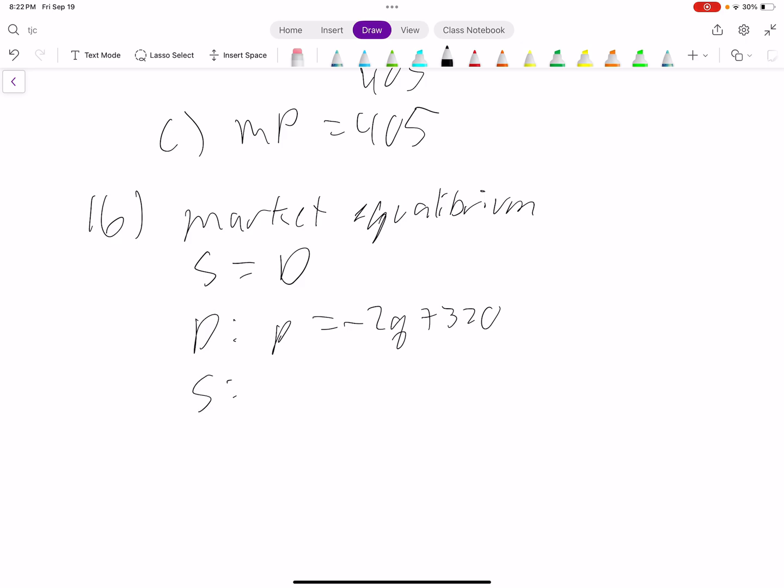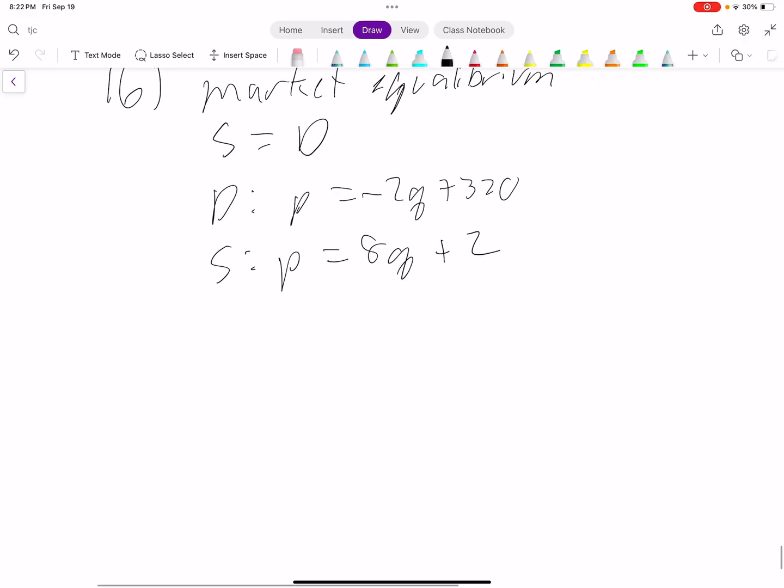And then supply, it's going to be the opposite. P equals 8Q plus 2. So the price has to rise for more product to sell. Okay, and so what you're doing is you're setting these equal to each other.